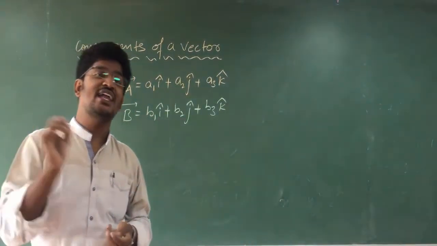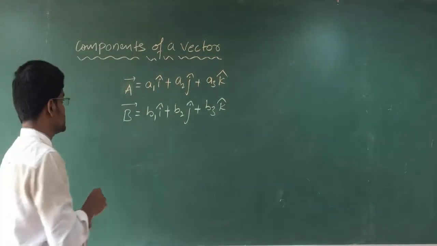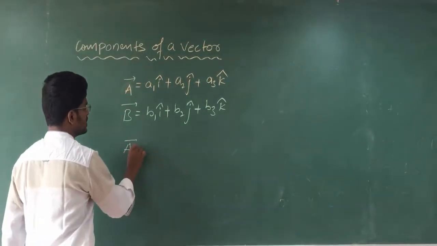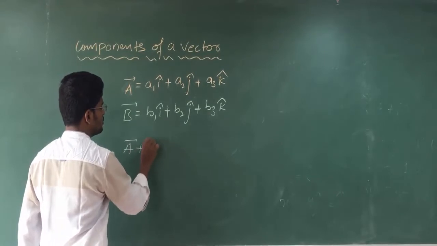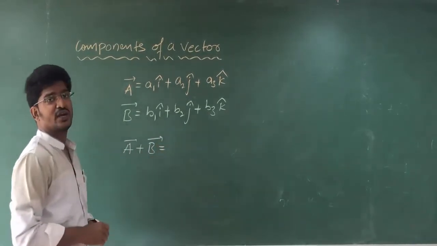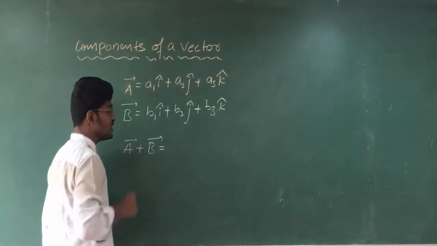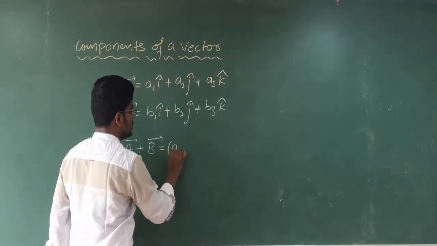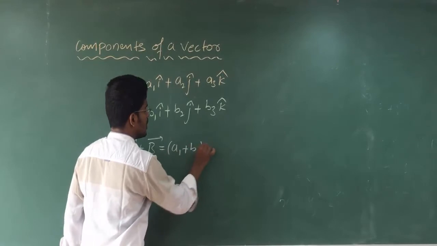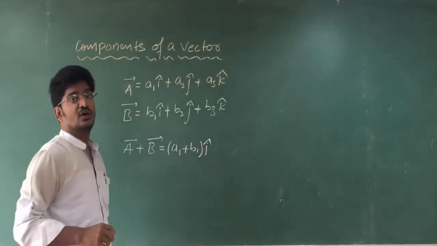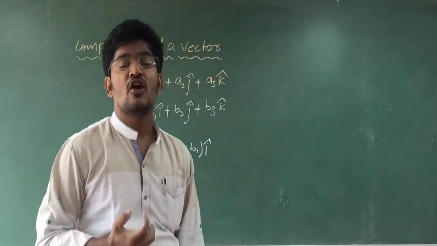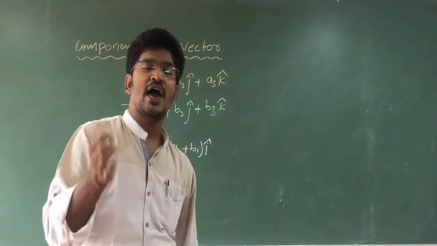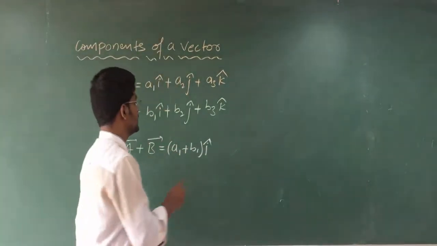Whenever you are adding two vectors, if I want to add vector A plus vector B, what will happen? A1 plus B1 i cap. That means vector component of i cap and i cap has to be added.